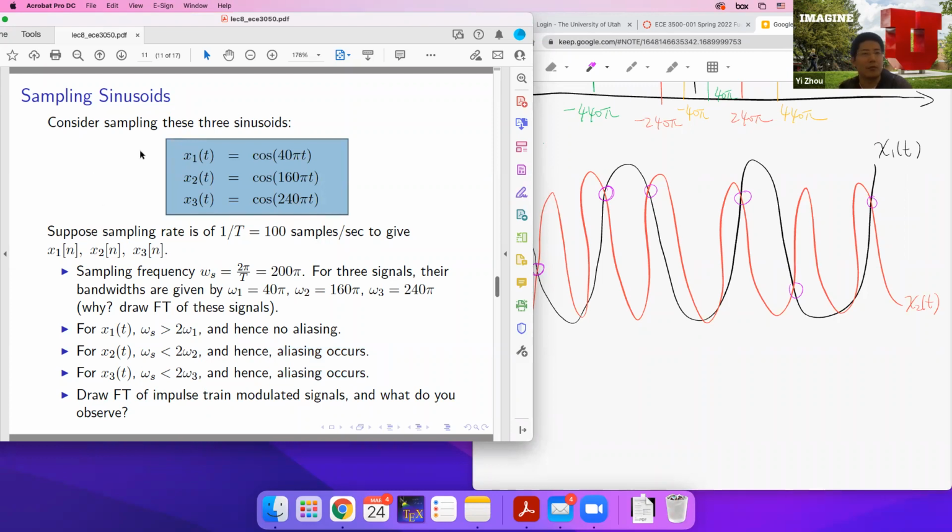But if you follow the Nyquist criterion, there's only one signal that can satisfy the Nyquist rate. And this is the only solution that you can find if you want to do a perfect recovery.